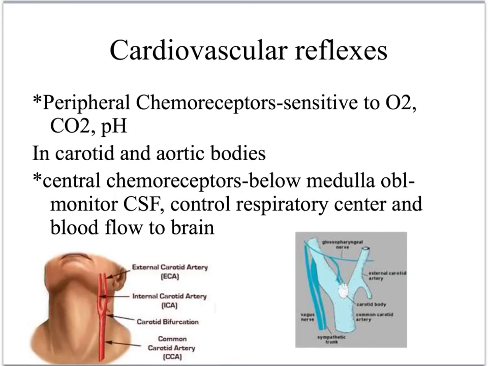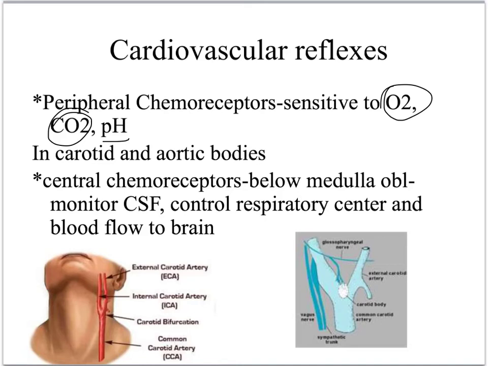So these reflexes are responding not only to baroreceptors, they're responding to another type of receptor called a chemoreceptor. These are responding to oxygen, but even more important, they're responding to CO2. You would think it'd be oxygen most importantly, but they seem to be more sensitive to elevations of CO2. And also you have chemoreceptors that are going to be picking up acidosis or pH changes.